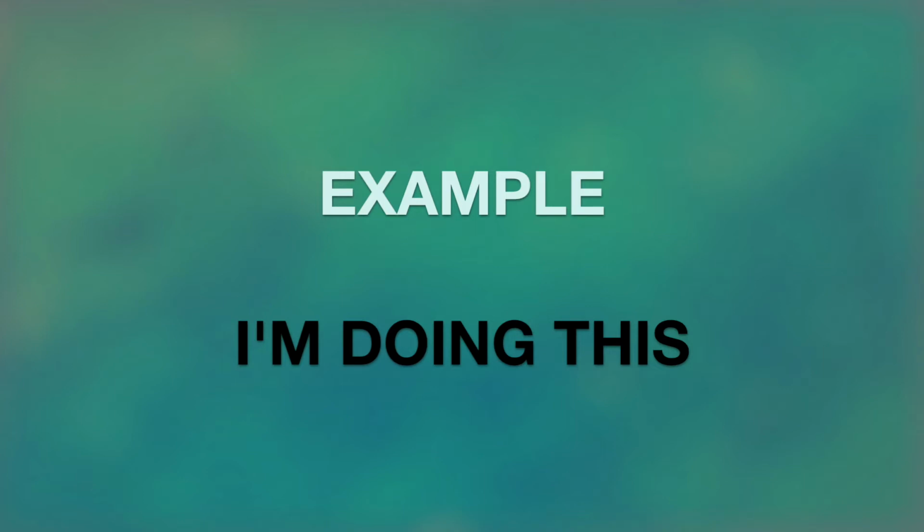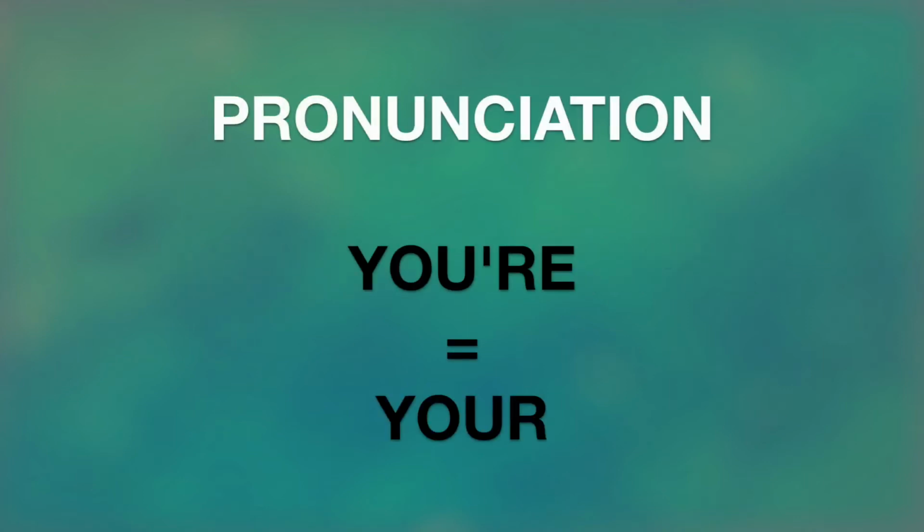Okay, "you are" becomes "you're", and notice that when you contract the words, both the contraction and the original words are the same in terms of pronunciation. So you pronounce both as "your". Okay, so you're pretty.